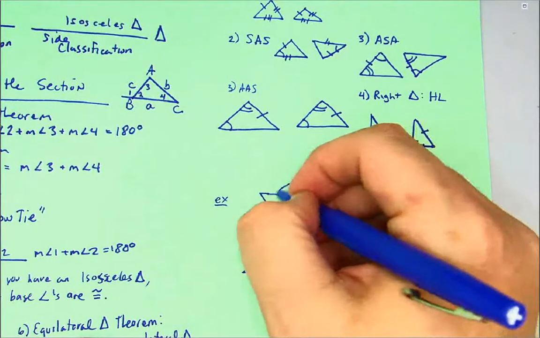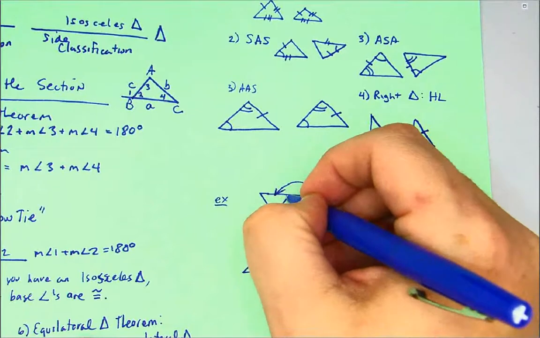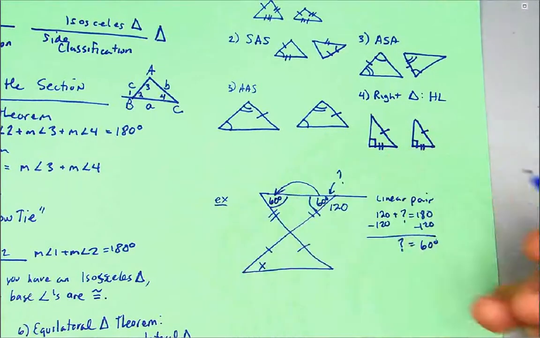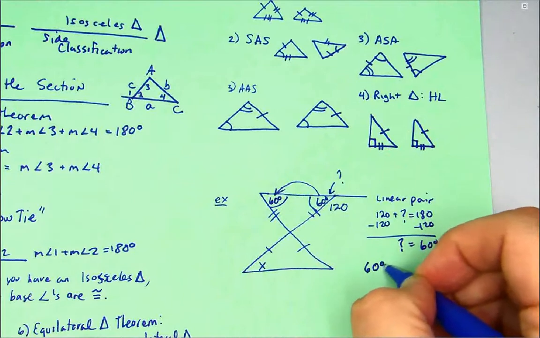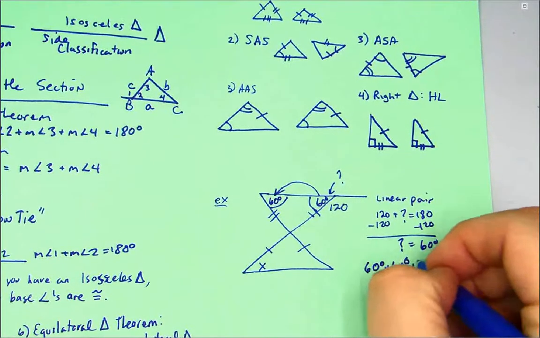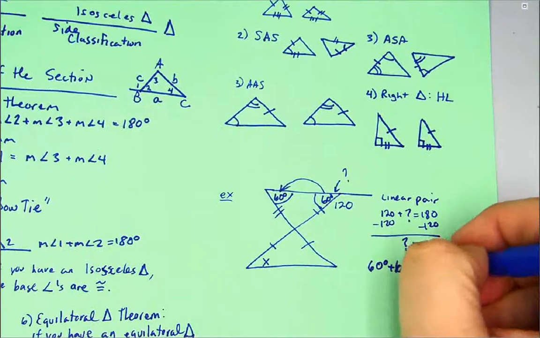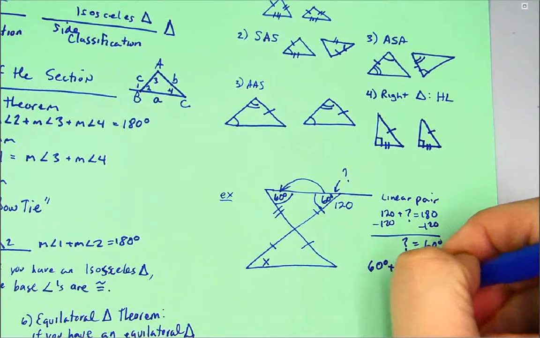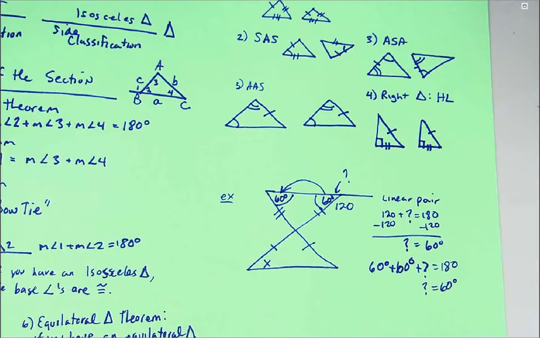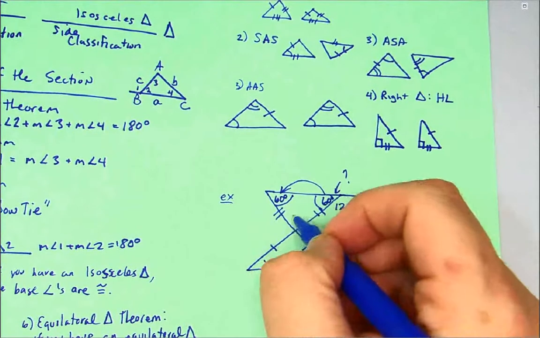But now you know this angle is congruent to this angle because we get 60 degrees there. Then you could say 60 degrees plus 60 degrees plus the unknown angle is equal to 180 degrees. You get that angle to be 60 degrees. So we can say this angle is 60 degrees.